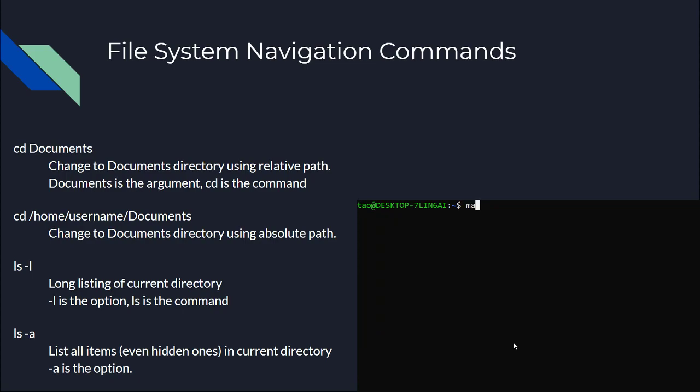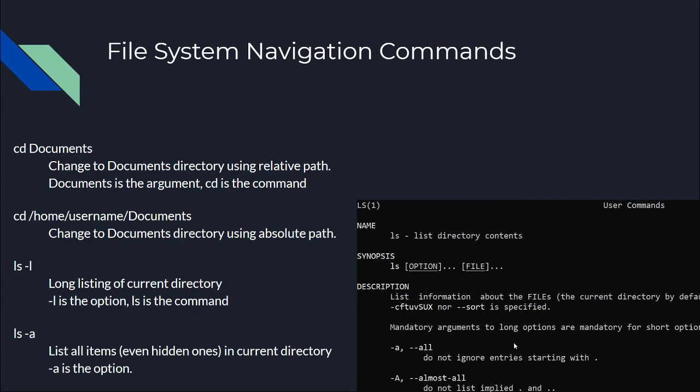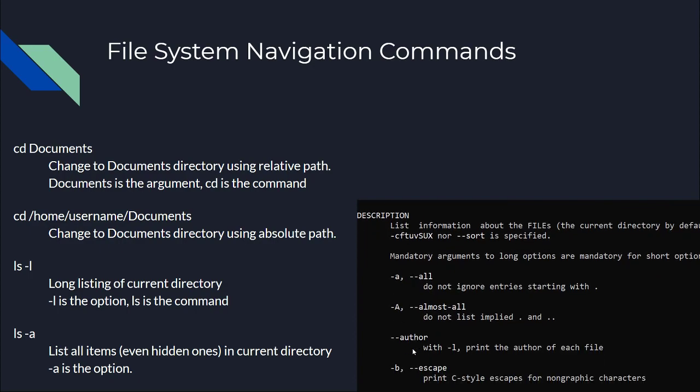So if I do clear and I do man ls, right, that gives me a manual page for the ls command. I can hit the space button, and as I hit space, I'll be paging down through the different pages within the manual page for the ls command. But even right now, I can see the -a option for all.